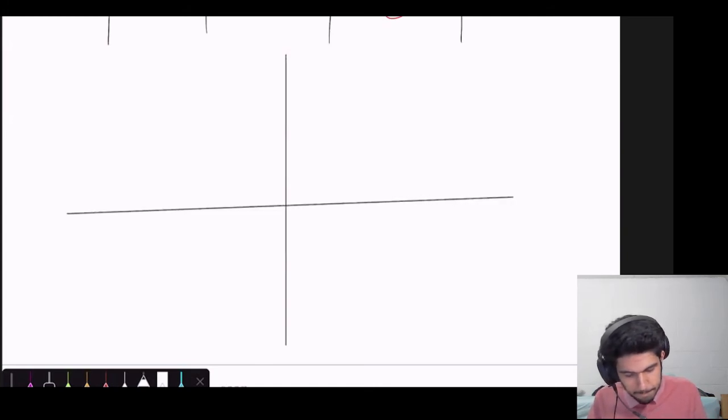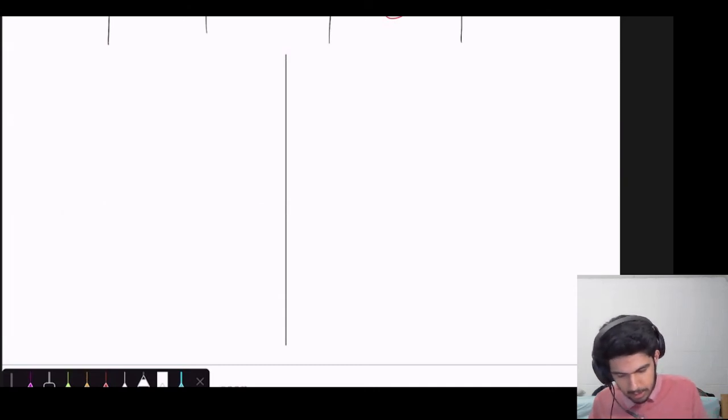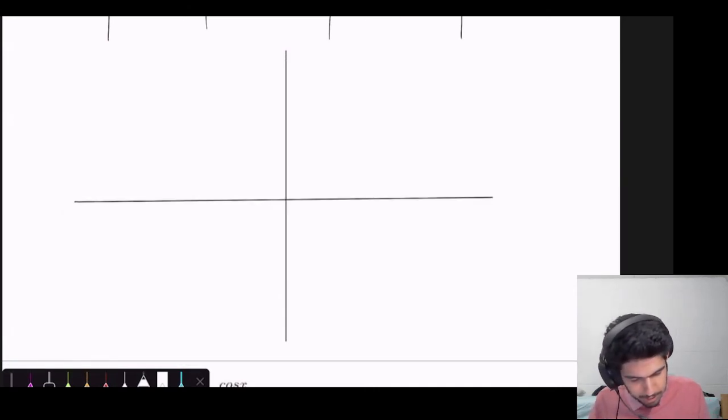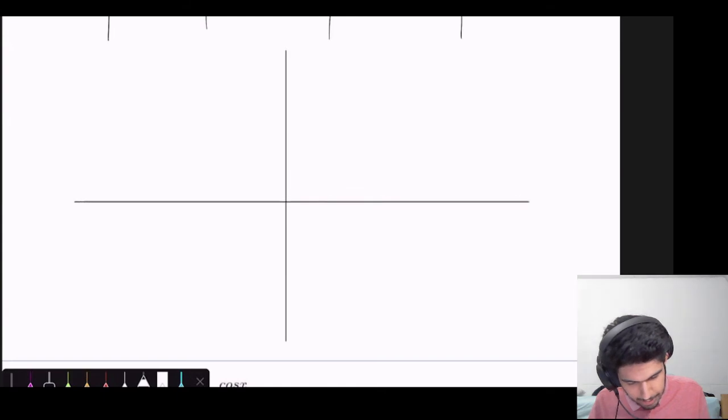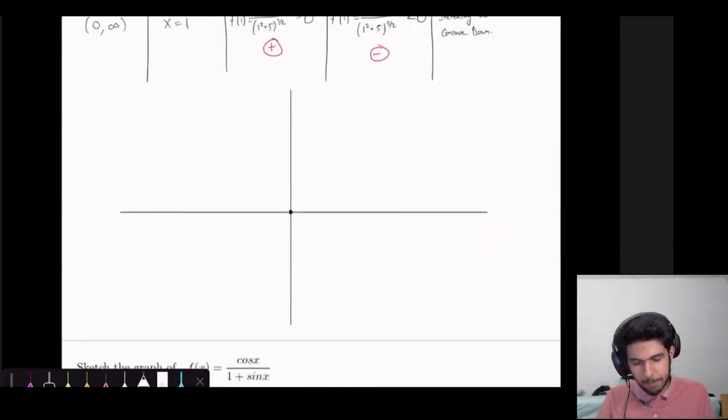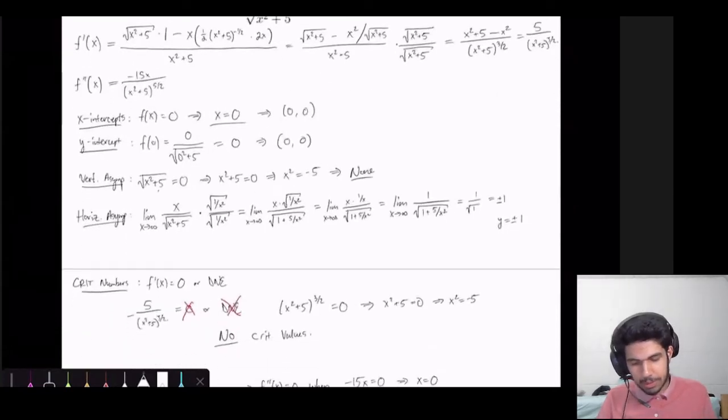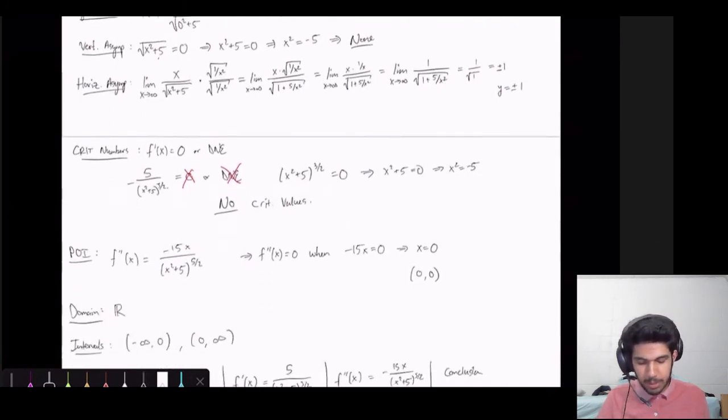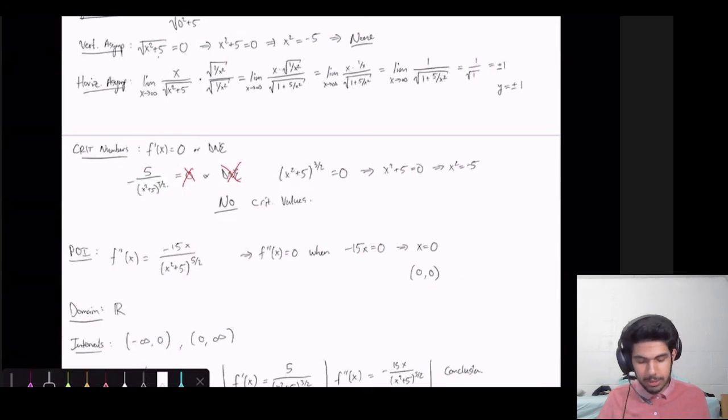Draw some axes. Okay, so what do we have to be concerned about? First of all, we should remember that we have our intercept at the origin, so we'll make that a nice little point there. Let's just scroll back and look through what we did. No vertical asymptotes. We have horizontal asymptotes at y equals plus or minus 1, point of inflection at 0, 0.